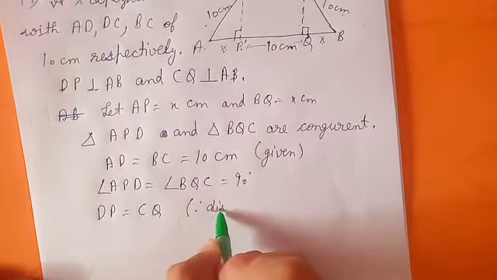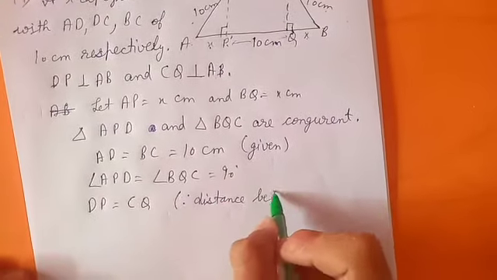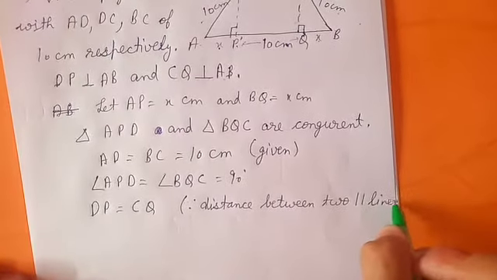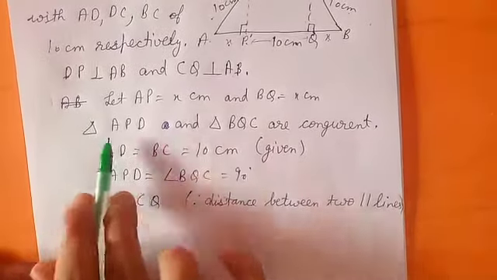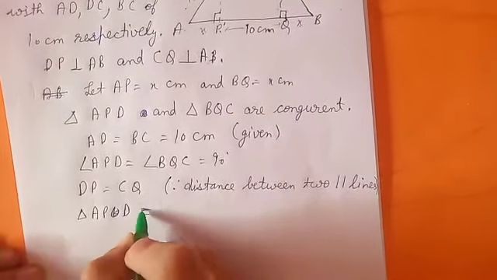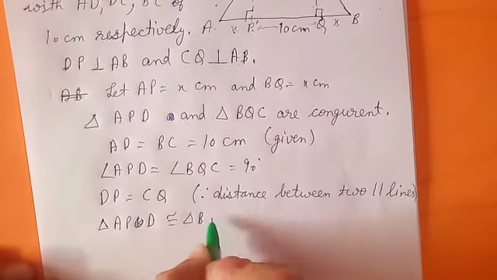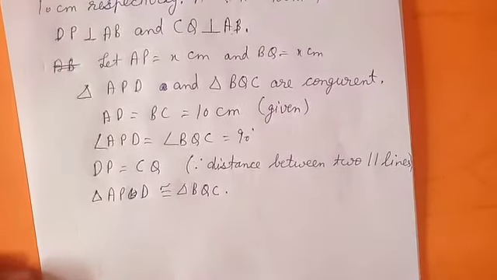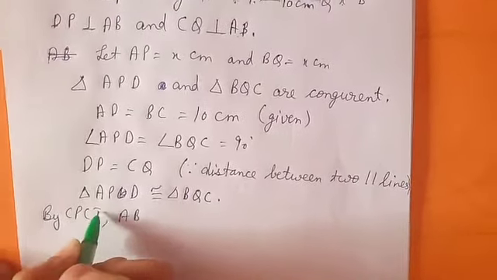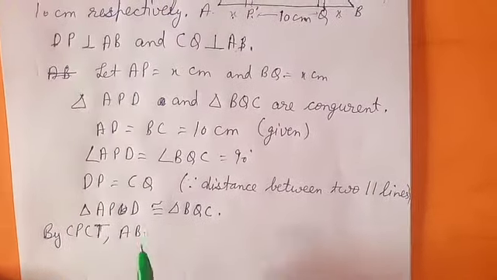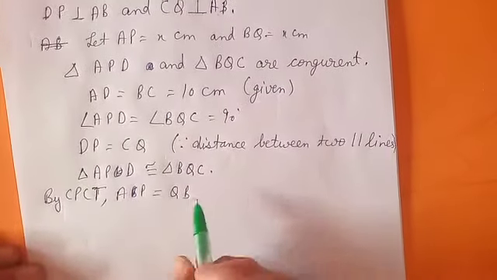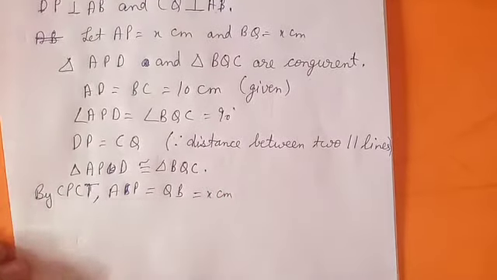Since distance between two parallel lines. Therefore our triangle APD is congruent to triangle BQC, and by CPCT, corresponding parts of congruent triangles, AP is equal to QB, and we have assumed both as x centimeter.